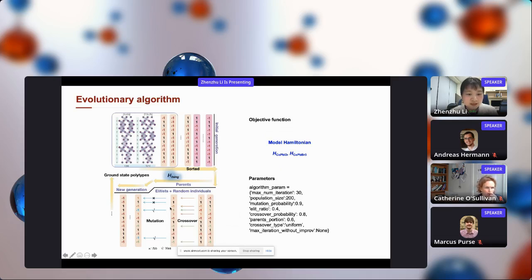By selecting the elites and applying the crossover and the mutation, we have a new generation. This new generation will also be evaluated with the objective function and enter the next iteration until it reaches convergence. So we can use these parameters to control the efficiency of this evolutionary algorithm.